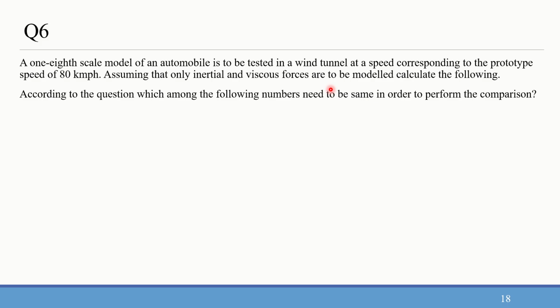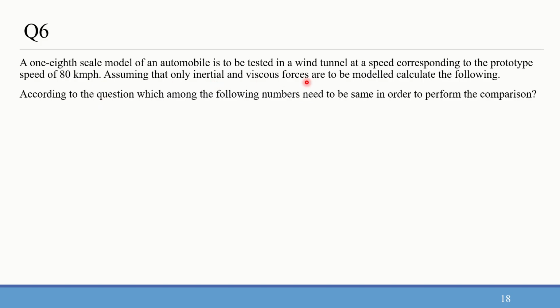So what is given is that we have a model and a prototype whose scale ratio is 1/8. The experiment is conducted in a wind tunnel, and a 1/8 scale model of an automobile is to be tested at a speed corresponding to the prototype speed of 80 km per hour.